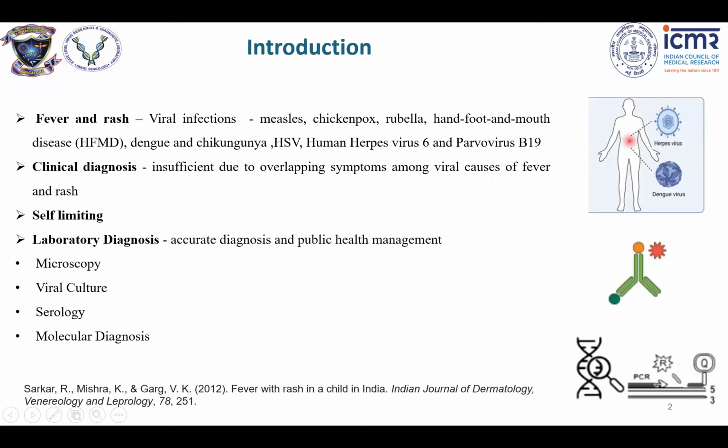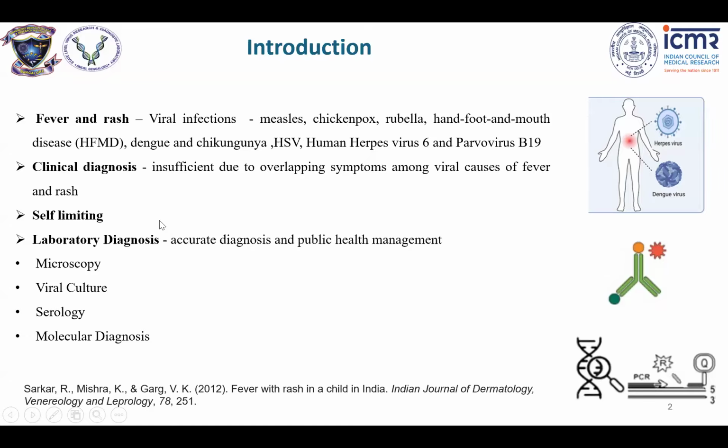As discussed by the earlier speaker, viral infections are the most common cause of patients presenting with fever and rash. The most common viral infections associated are dengue, chikungunya, measles, chickenpox, rubella, HFMD, herpes simplex virus, human herpes virus 6, and parvovirus B19.